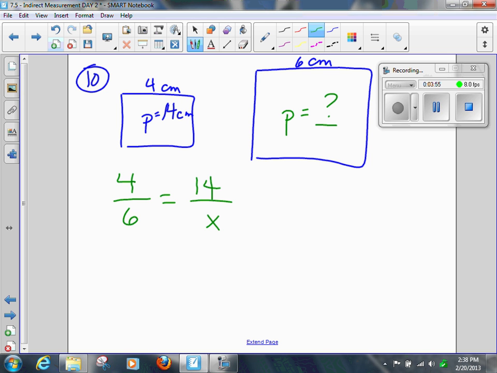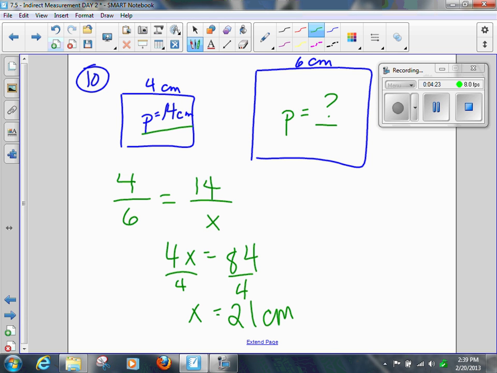You guys agree? 4x is equal to? Because it's given to you in the box. It's the perimeter of that rectangle that was given. 84. Divide by 4, and you get x is 21 centimeters. Yes?